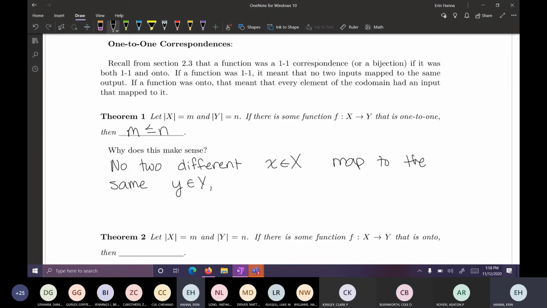There could be more Y's because there could be some that don't get mapped to at all, but there must be at least as many Y's as X's. Because if there weren't at least as many Y's, then something must have mapped to a Y twice. Or sorry, 2 different things must have mapped to the same Y.